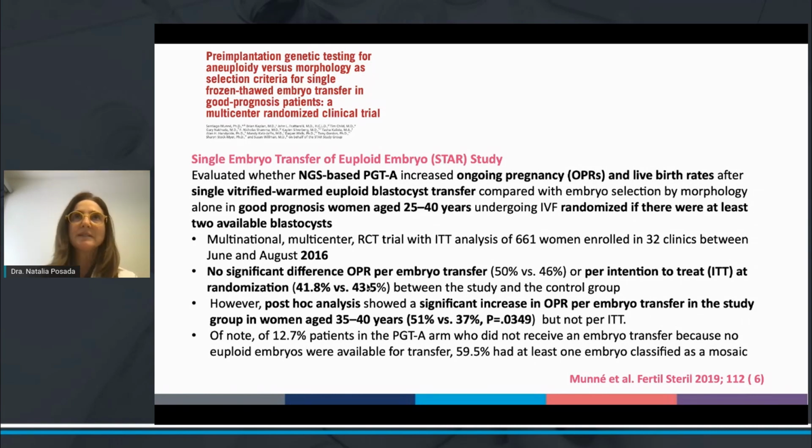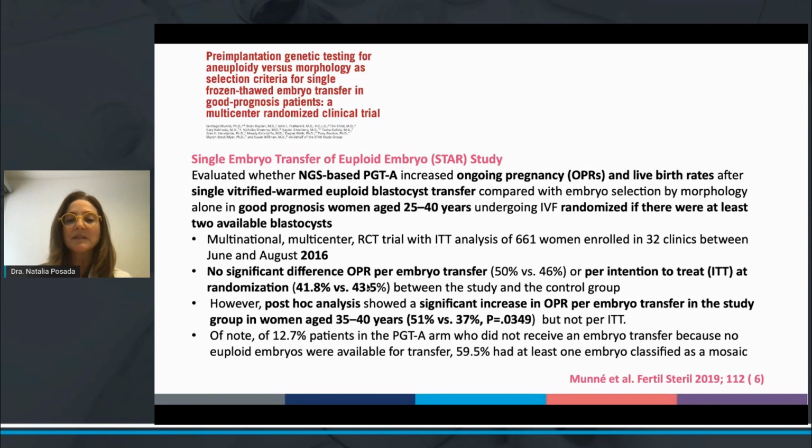A post-study analysis, however, did show a significant increase in the ongoing pregnancy rates per embryo transfer in a subgroup of patients between 35 and 40 years of age, which was 51 versus 37%, which was significant.